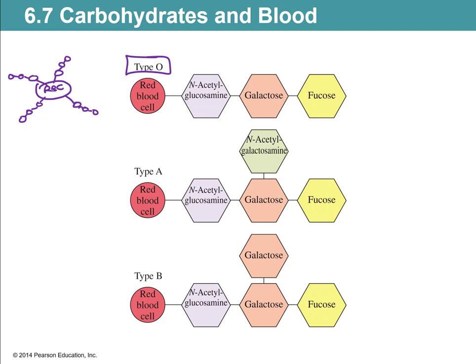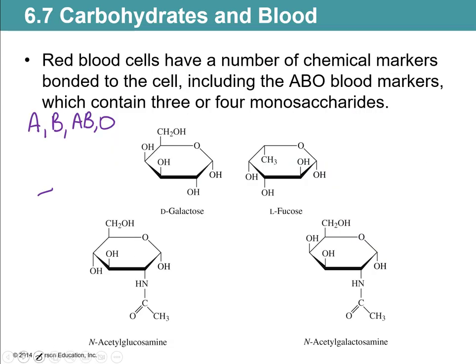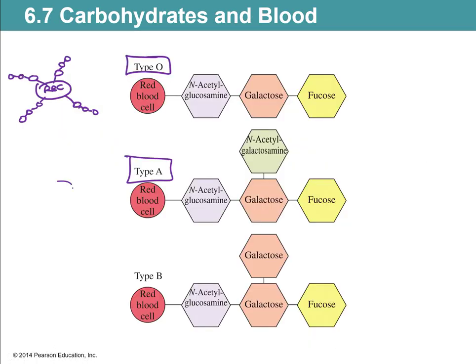But if you're type A, you have what I have. Type A has the same 3, the light purple, orange, and yellow, but now they got an extra. They have the normal pattern of 3, just like O, but they got this extra one, the light yellow one.